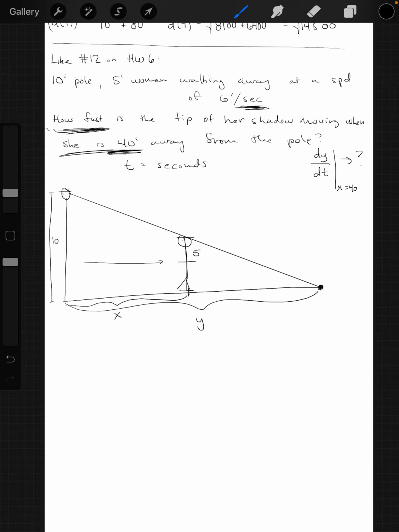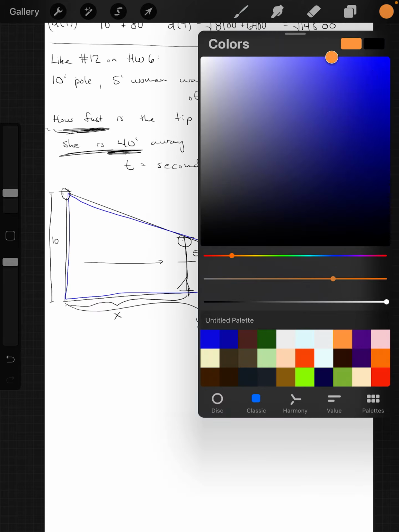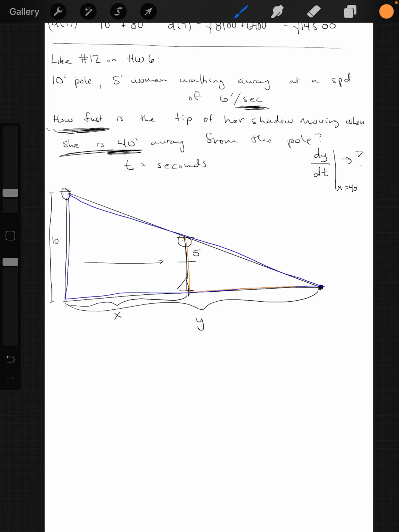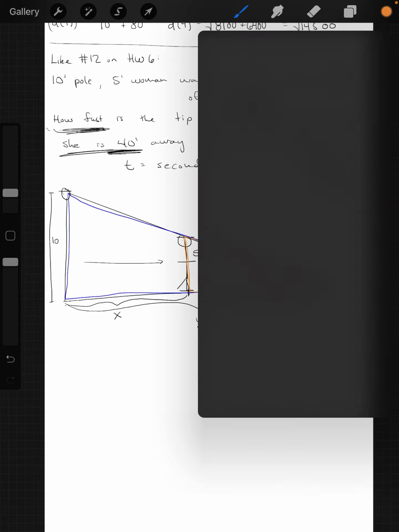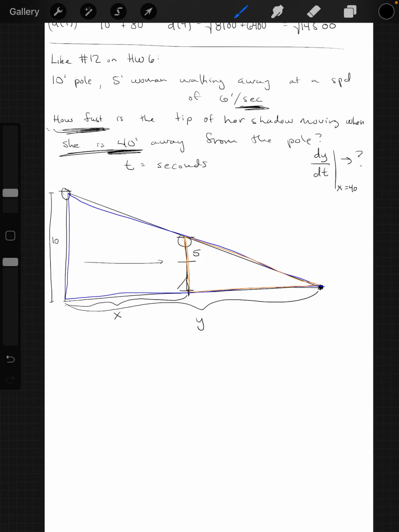And then what we can do here is notice that we have a set of similar triangles, right? So this big triangle, this one here, is a similar triangle to this smaller triangle made here. And that's going to be the case whenever you take a triangle and draw a line part of the way through that touches the bottom of the triangle and the hypotenuse of the right triangle, then you're going to have a pair of similar triangles.